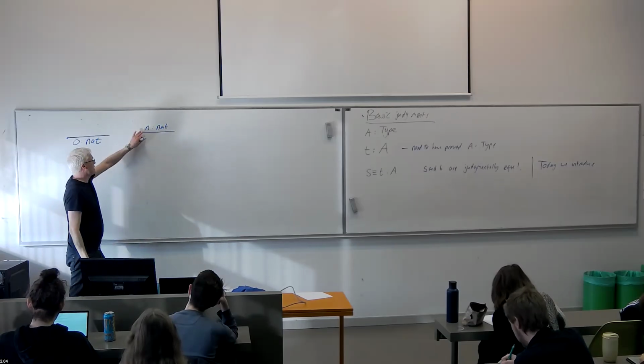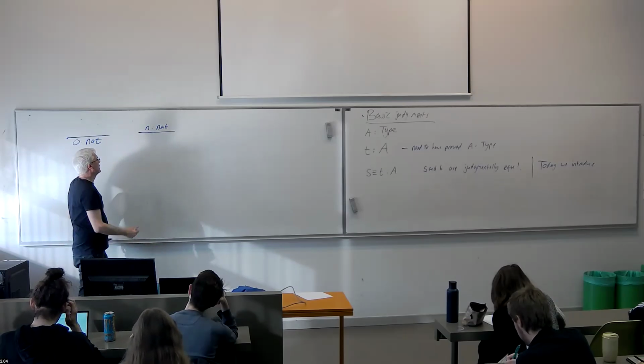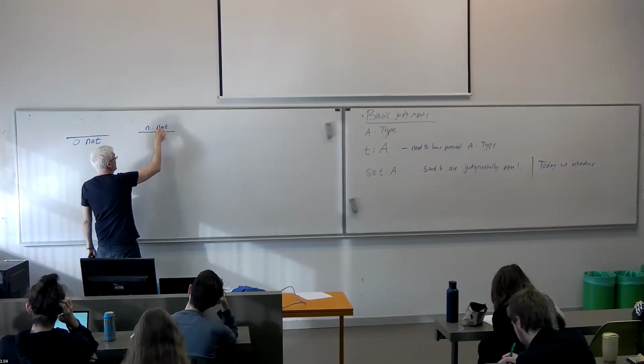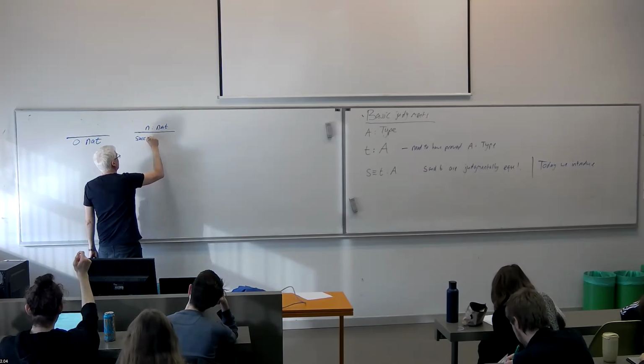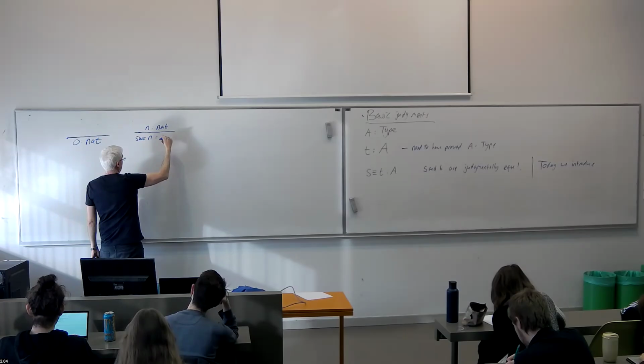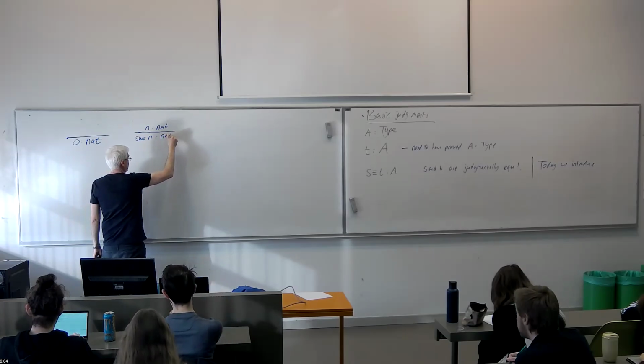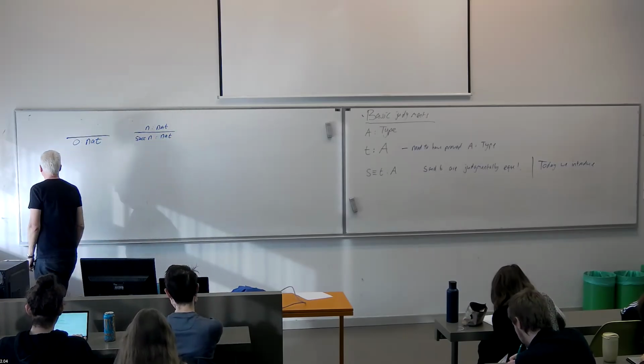So this can be any term here. Then any term that we prove describes a natural number, you can form the successor term, which describes intuitively the successor natural number.